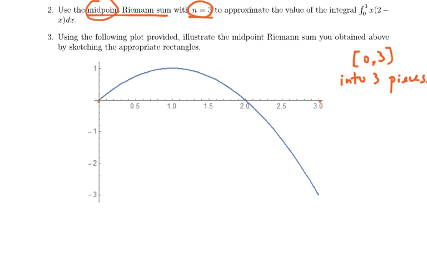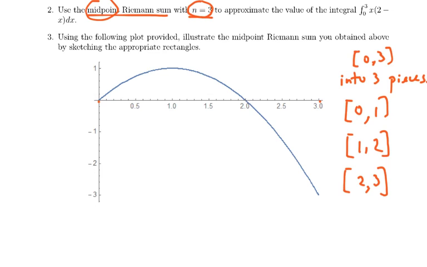That is, the first piece is from 0 to 1, and the second piece is from 1 to 2, and the third piece is from 2 to 3. Okay, so numbers here are simple, but sometimes it can be complicated. So how could we find the length of each interval?